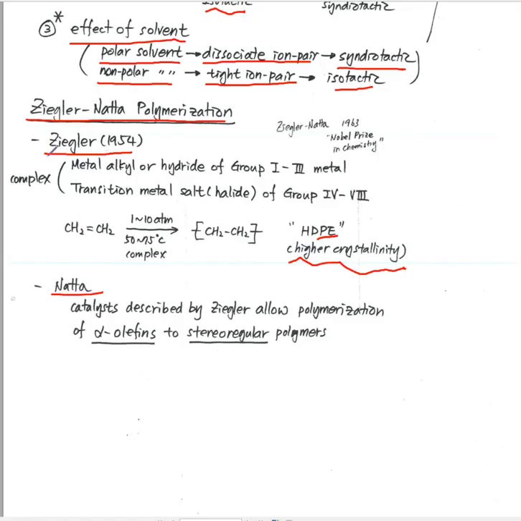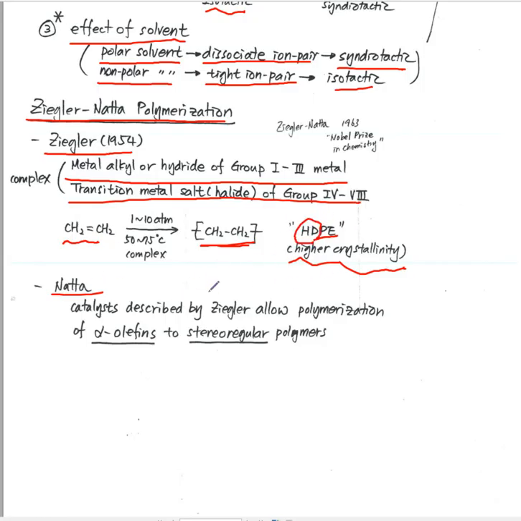Ziegler catalysts generally include a metal alkyl or halide of group 1 to 3 metals and transition metal salts as a co-catalyst. By using this catalyst, he could synthesize polyethylene at these reaction conditions, and the resulting polyethylene was highly crystalline and also high density, which means that the tacticity was really high.